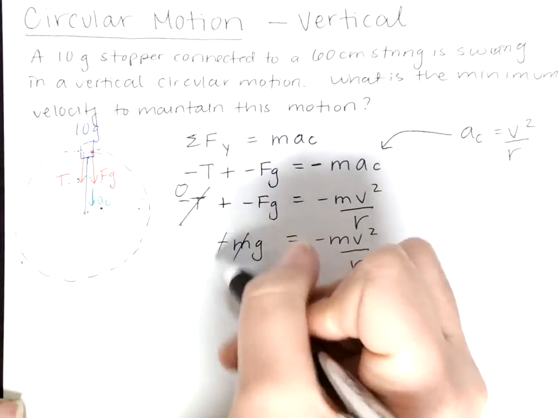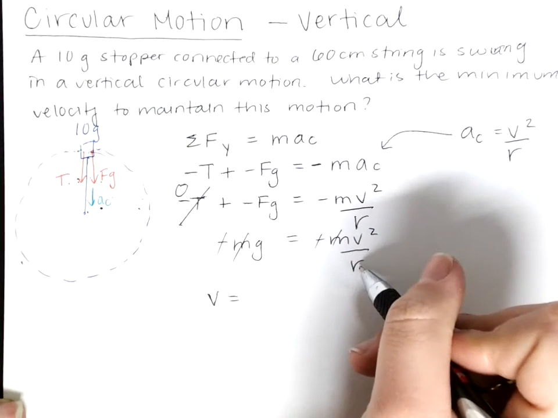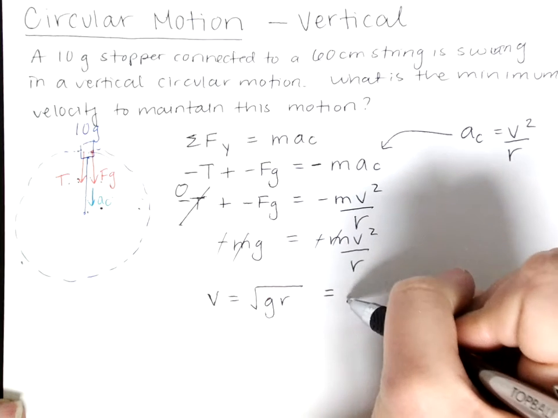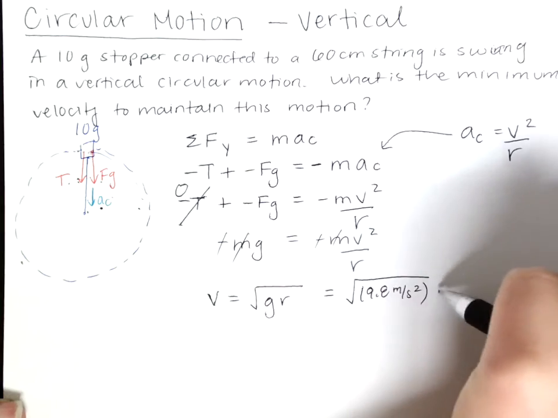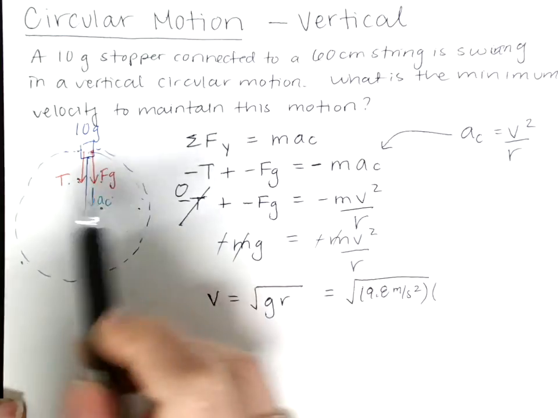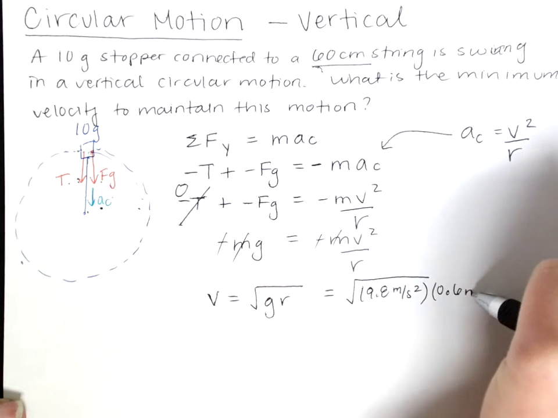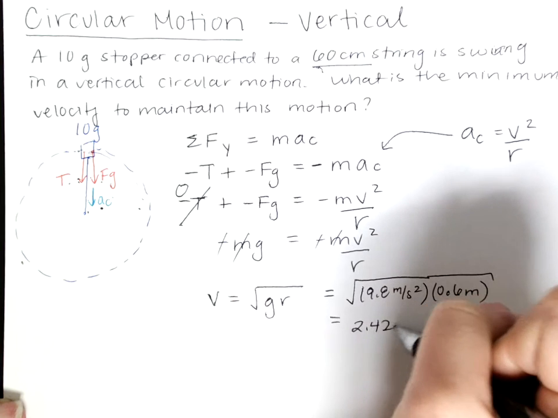Our negatives and our m's cancel out. Solve for v, you get the square root of g times r. When you plug in your numbers, the radius was 60 centimeters, so that means it's 0.6 meters. You get 2.42 meters per second.